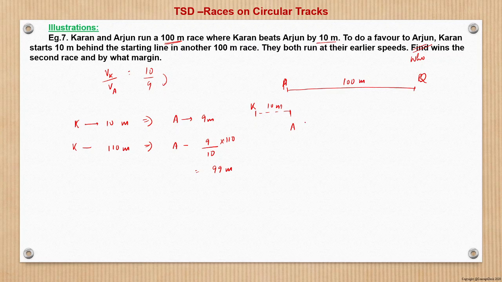So Arjun is just short of Q. This is 99 meters. So by the time Karan has finished 110 meters, that is at the end point, at that time Arjun is a distance of 1 meter short. So Arjun is 1 meter short.